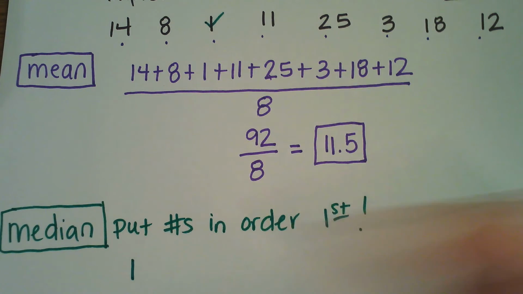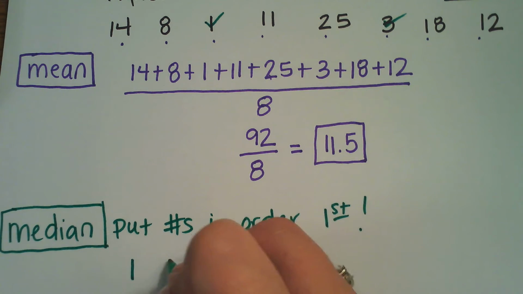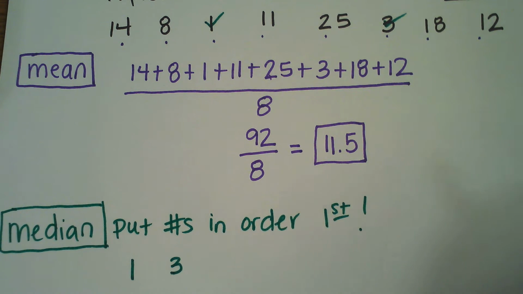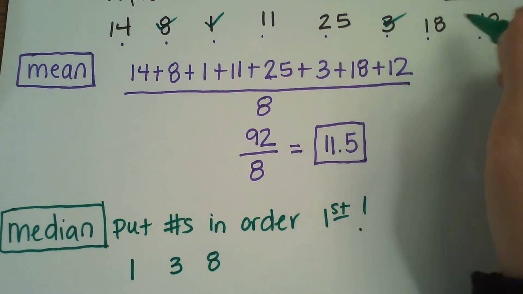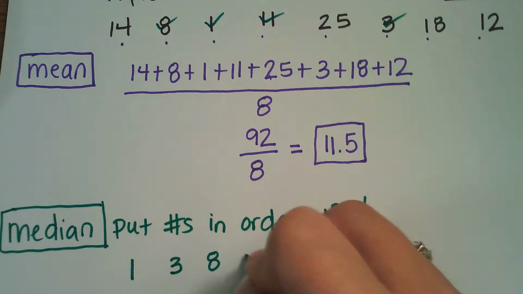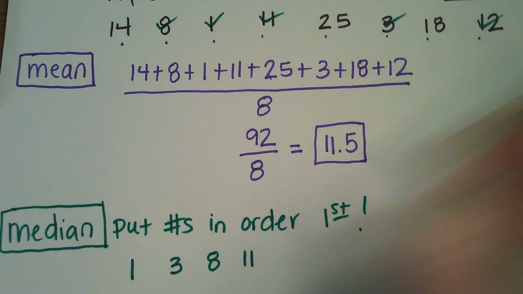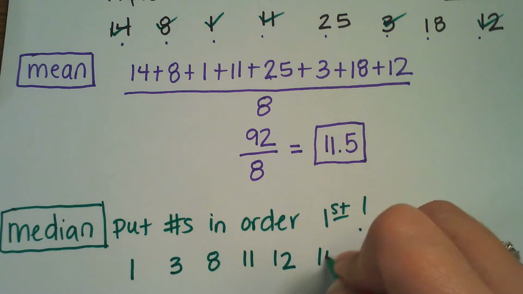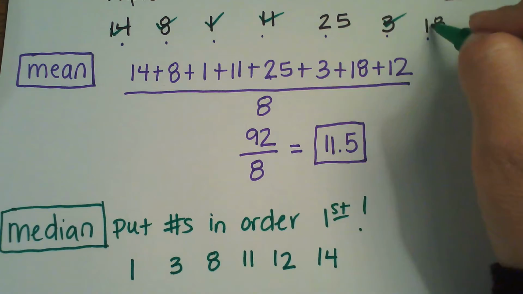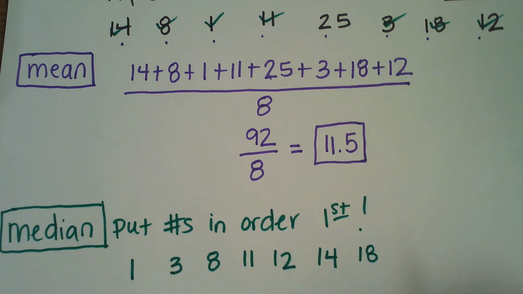So I've got 1, 3, 8, 11, 12, 14, 18, 25.